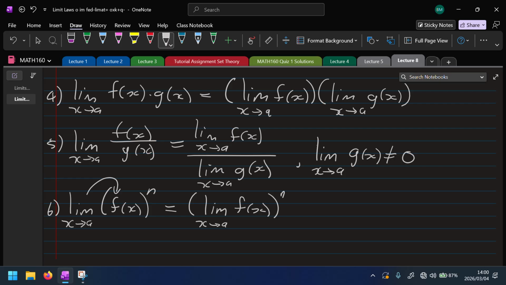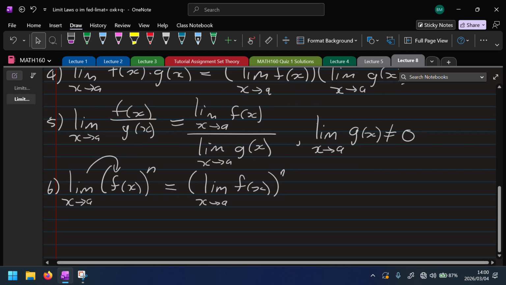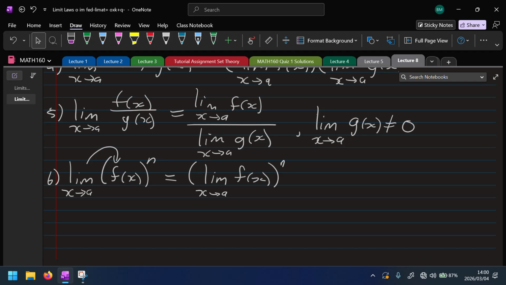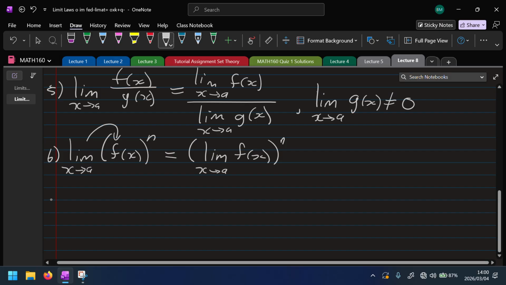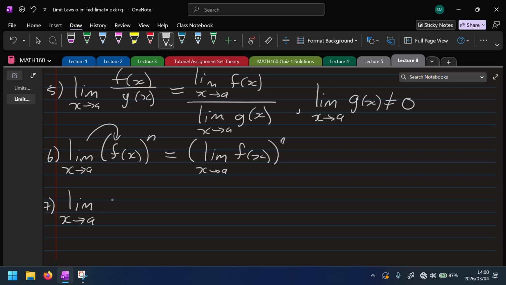So the limit can jump inside the brackets like that. Or if you have the limits inside the brackets, you can take the limit out. You can look at it both ways. Number seven, limit x goes to a of some constant. Constants are not affected by the limit, so this is just c.